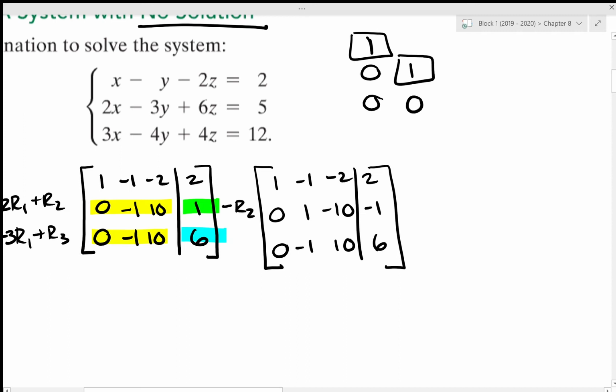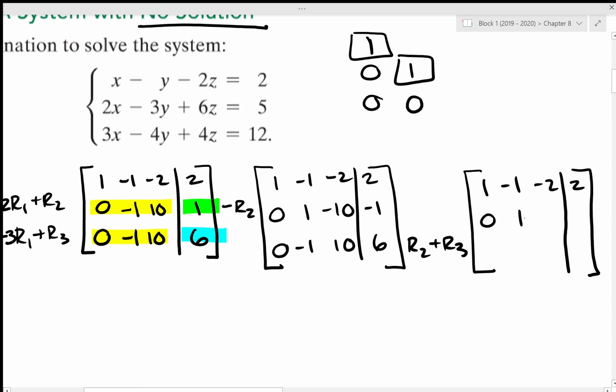Now I want to make a 0 below. So I'm just going to do row 2 plus row 3 because I just got the 1 in row 2, so I'm going to use row 2 to change row 3. So I have 1, negative 2, line 2. Then I have 0, 1, negative 10, negative 1. And then you'll notice you're going to get 0, 0, 0, but then you get 5.